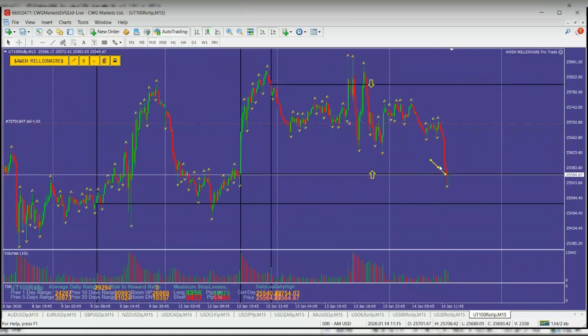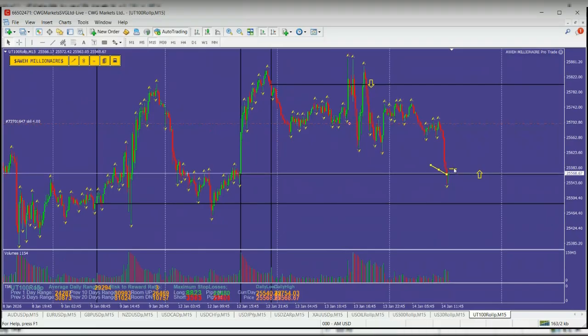This is giving a signal for potential buying opportunities, since we can see that the retail amateur traders have been induced to be selling.